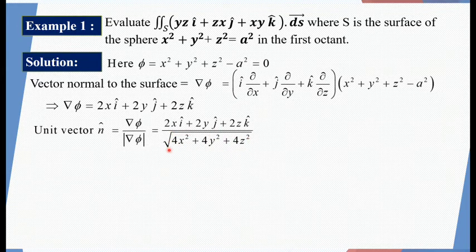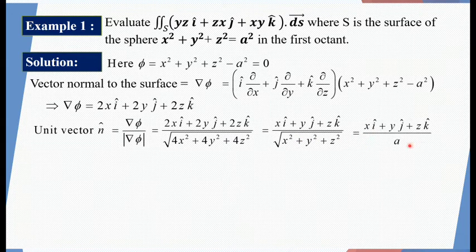From the square root, this 4 comes outside as 2, and so the 2 is cancelled out. So it will be the square root of x square plus y square plus z square, but x square plus y square plus z square is a square. So the square root of a square is a, that is, the unit vector n cap is equal to x i plus y j plus z k upon a.